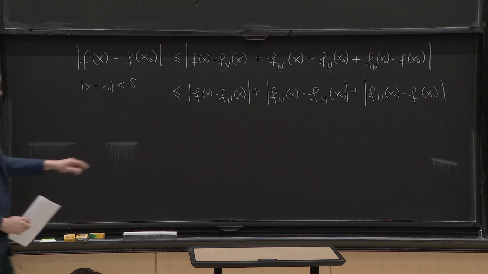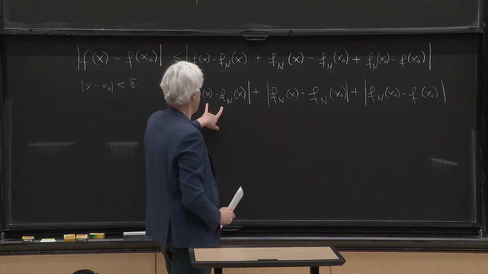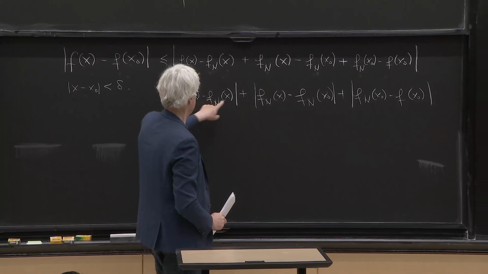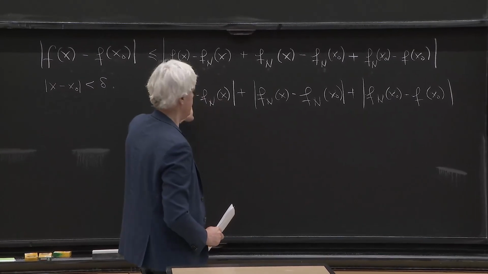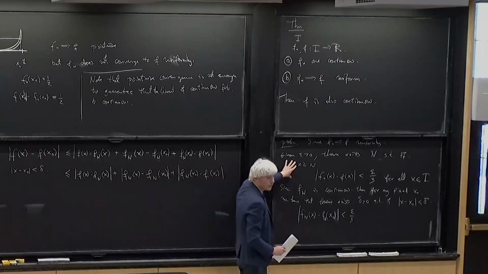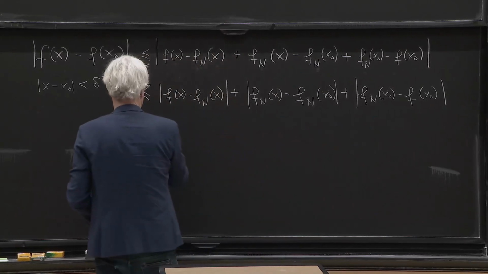Now, this first term is smaller than epsilon over 3. That came from that it's evaluated at the same point and the convergence was uniform. So it really was the first part here. So that is less than epsilon over 3.